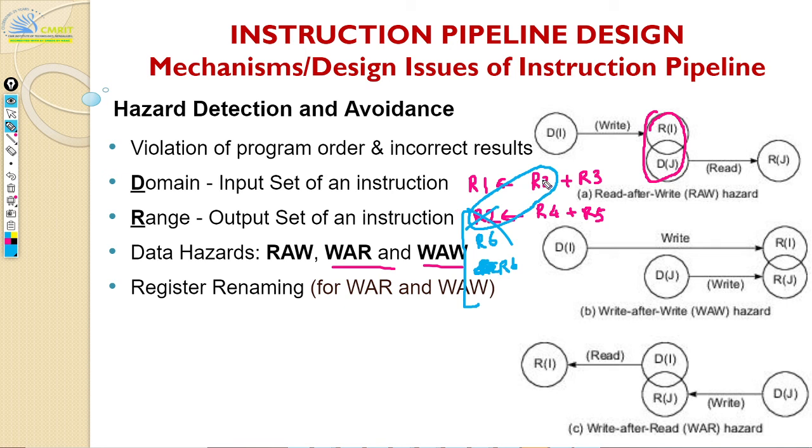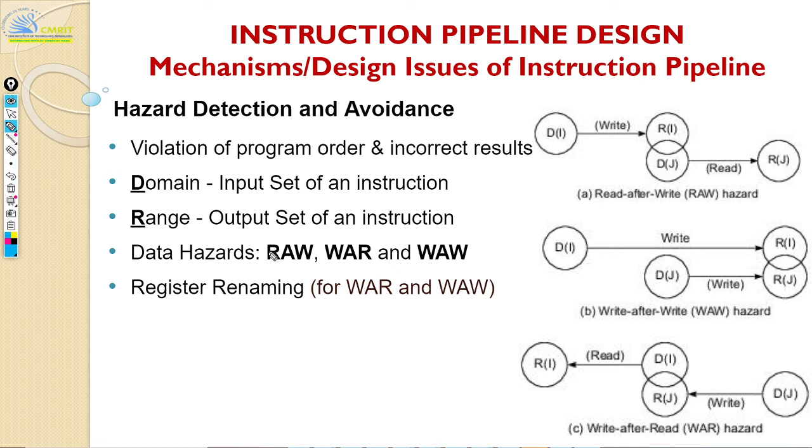Your R2 is doing something else. Somebody is reading R2, but for you, we will rename it to R6. So now this is a different register altogether. You can write it to something else also, right? Similarly, your WAW hazard also can be overcome with register renaming, but your RAW cannot. RAW is a true dependency, and you can only do some reordering or something to overcome that, or wait for your reservation station.